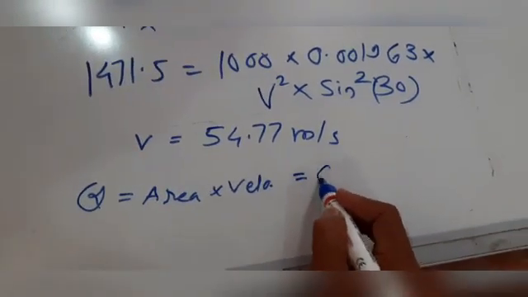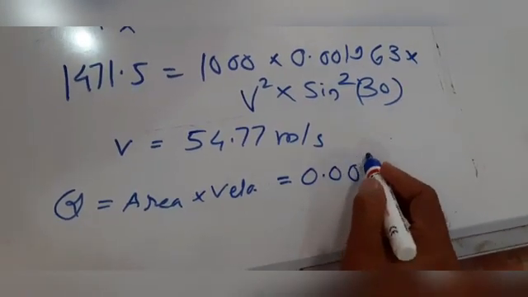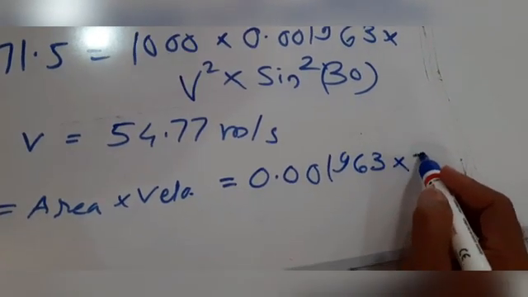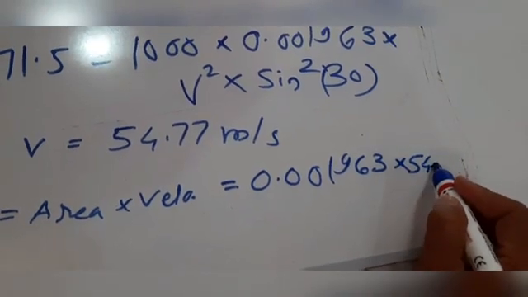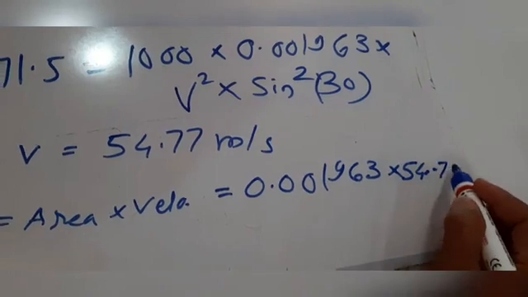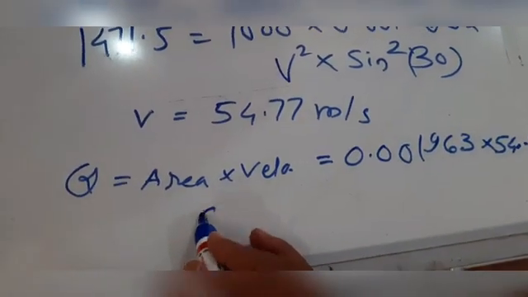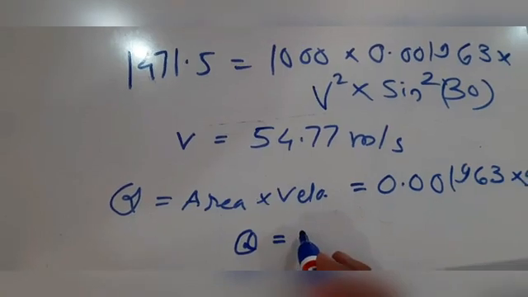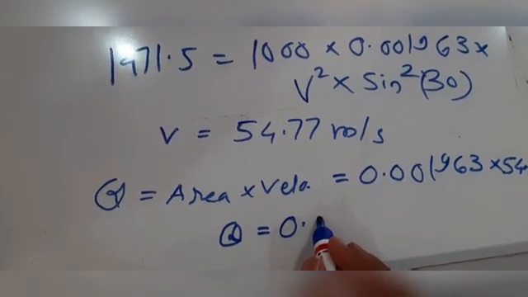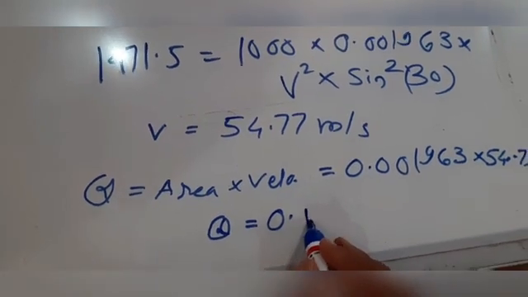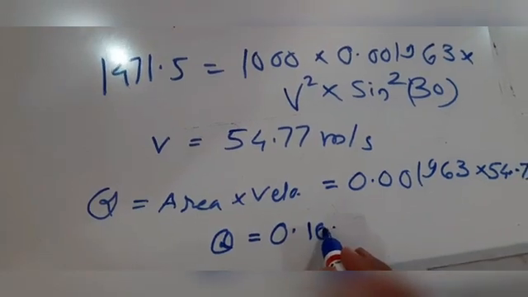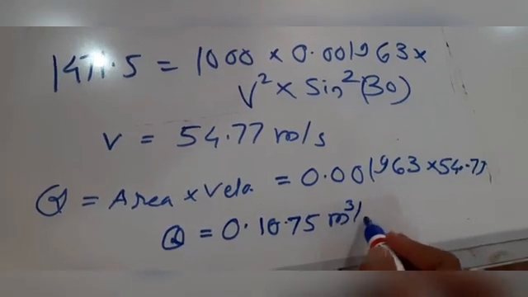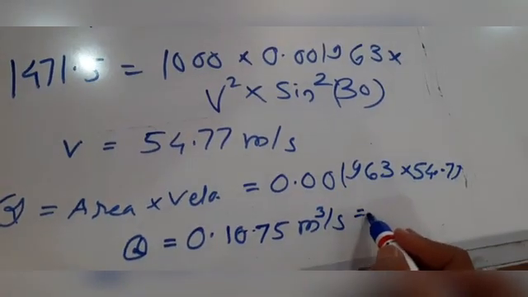So putting the values of area and velocity, 0.001963 into velocity 54.77, the quantity comes equal to 0.107575 meter cube per second.